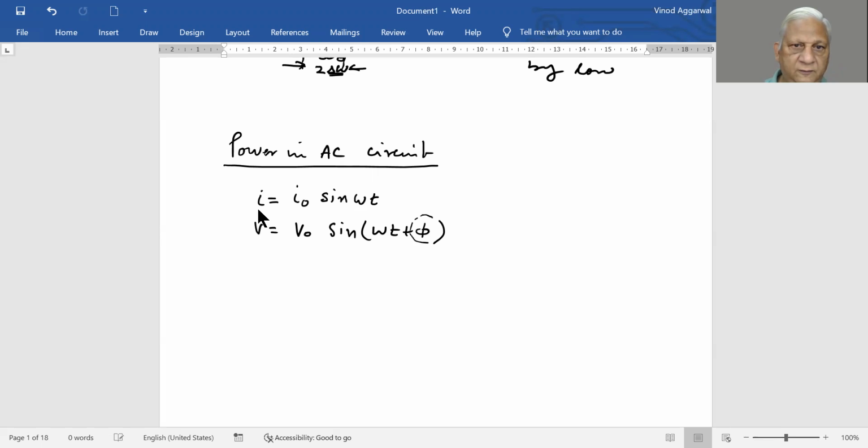This phi is the phase difference between current and voltage.